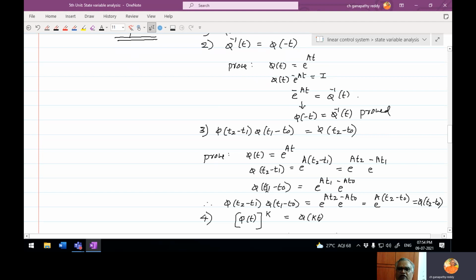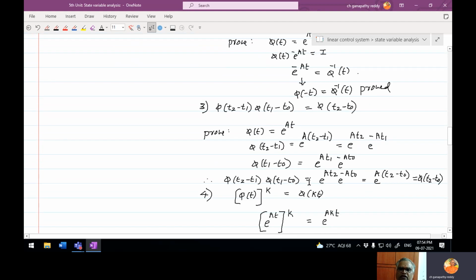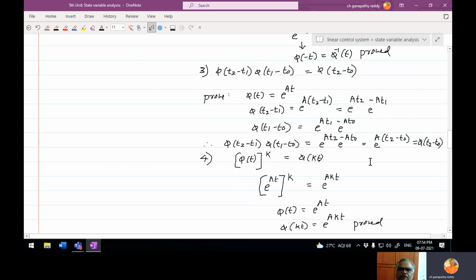Then phi of (t1 minus t0) also expressed in this product form. When you multiply these 4 terms, e power At1 and e power minus At1 get cancelled. You get only e power At2 and e power minus At0. Simplify, and you are getting phi of (t2 minus t0). These proofs are very simple.